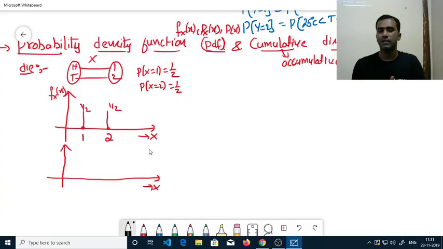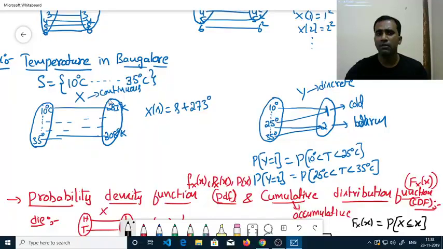Whatever the CDF Fx of x shows, that is nothing but the accumulation of past probabilities. So the addition of probabilities of all the values possible for the random variable should also result in 1.